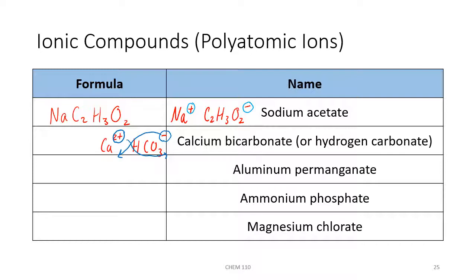But whenever we have multiples of our polyatomic ions, we have to indicate that it's a multiple of the whole unit. So we have to put parentheses around it. So our formula will be Ca(HCO3), and now we're going to put a 2 on the outside of the whole thing. So that means there's 2 bicarbonate units total.